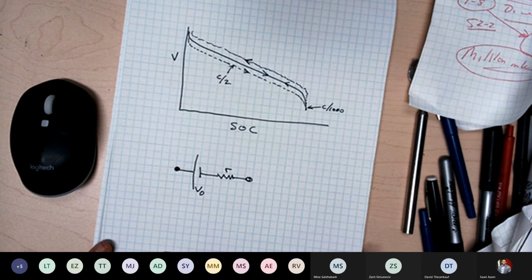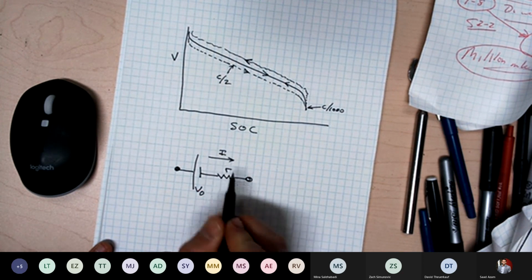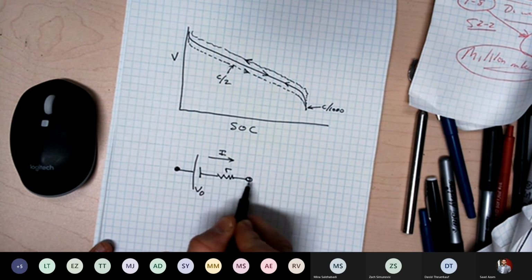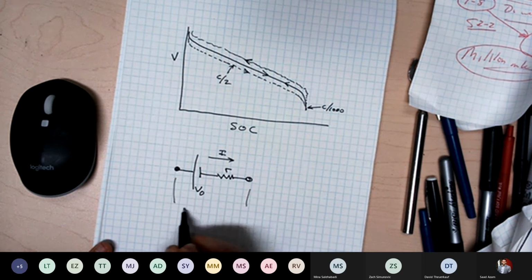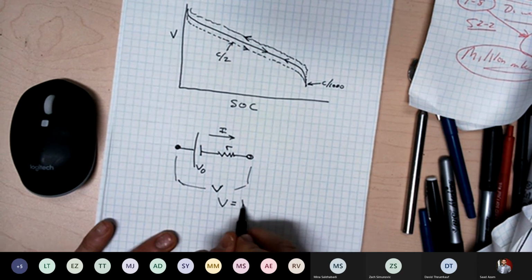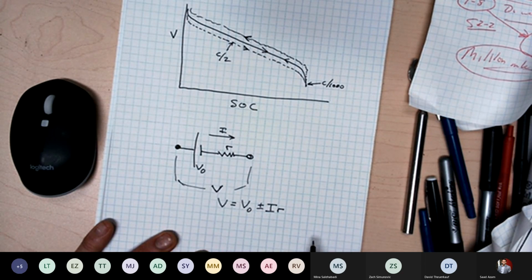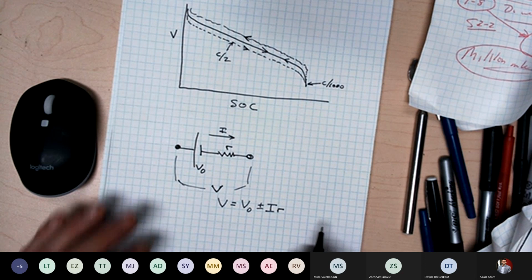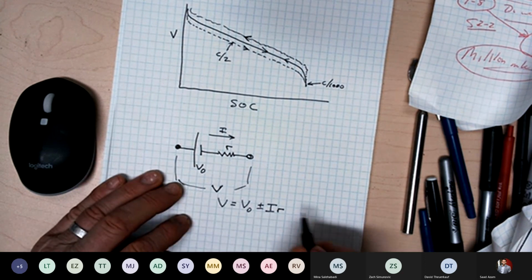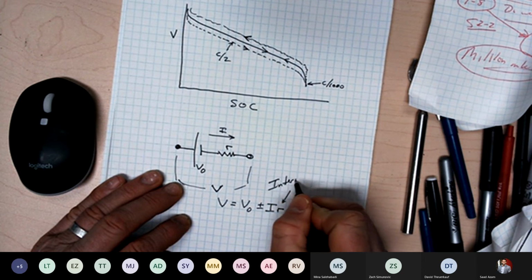And if you pass a current through this thing and you want to know what the terminal voltage is across the terminals, V will be equal to V naught plus or minus IR, depending on which direction the current flows. And this R is called the internal resistance in the simplest treatment.